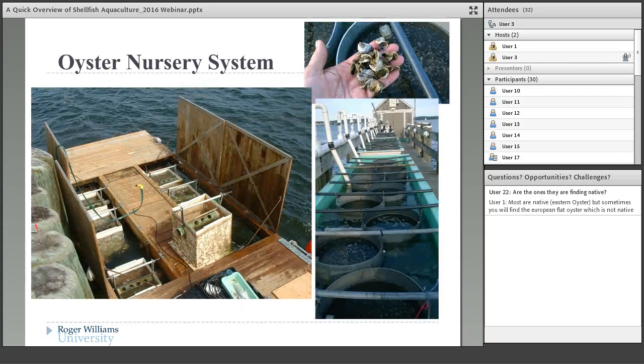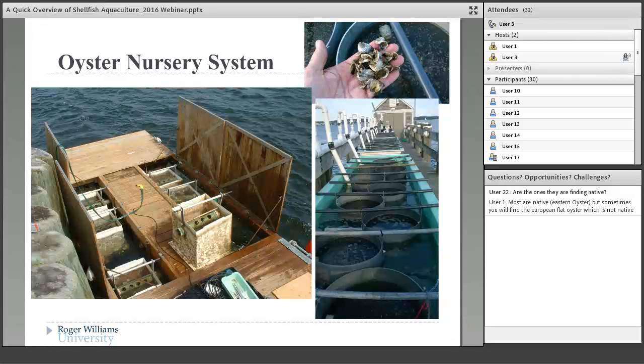This is probably an oyster nursery system that you might notice. It's the one on the left. This is called a floating upweller system, and the oysters are held in those square bins, such as the one you see sitting on the deck there. The flow is constrained in these systems so that the water flows up through the mesh bottom of these bins and through the bed of shellfish before discharging through that turquoise colored pipe at the top of the bin.